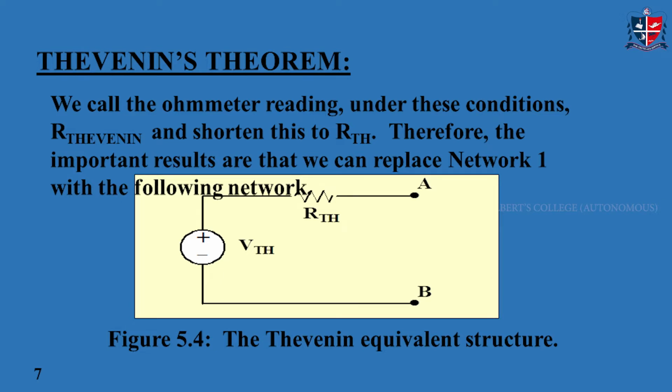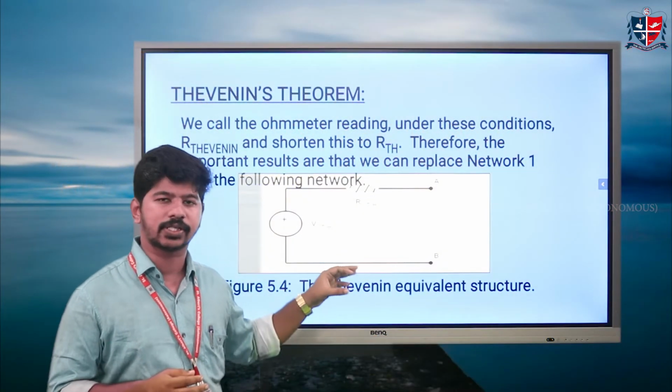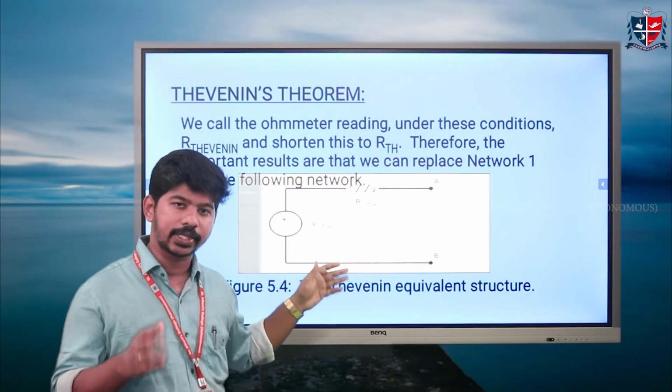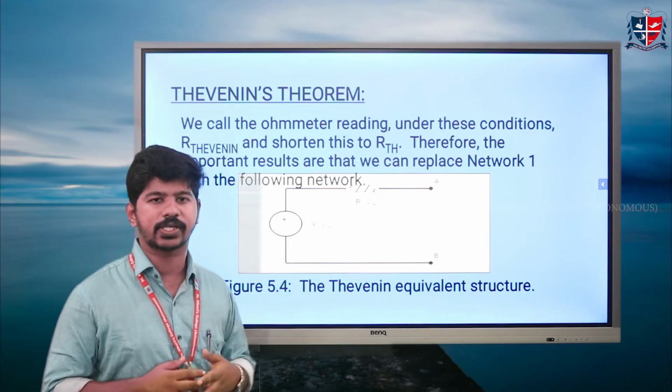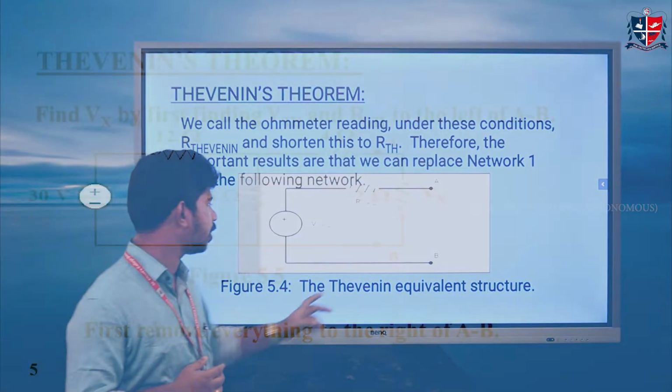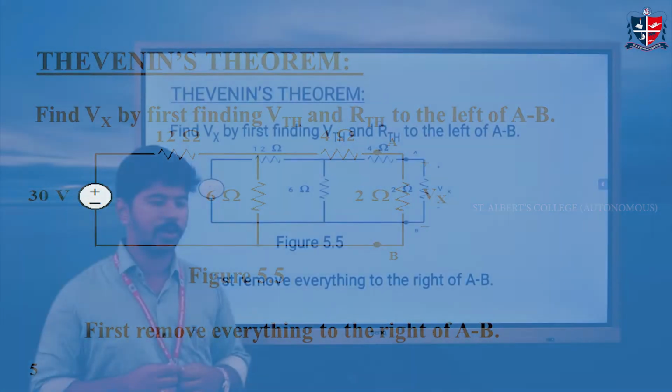The Thevenin voltage is the voltage across the load terminal when the load is removed. And the Thevenin resistance is the resistance seen from the load terminal when all the sources are replaced by their internal resistance. Now we will do a numerical problem.